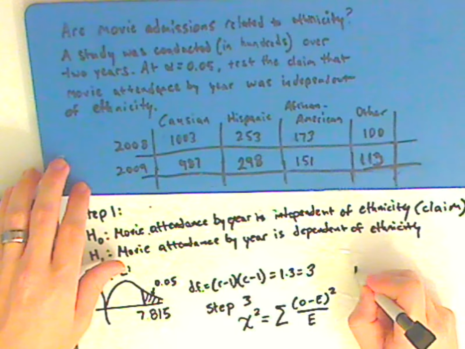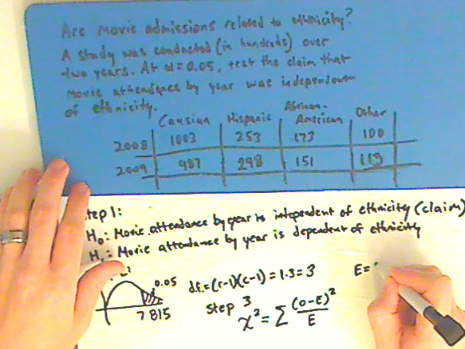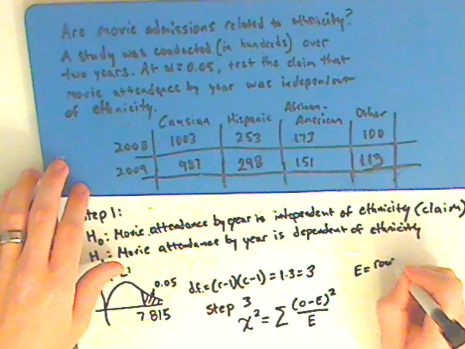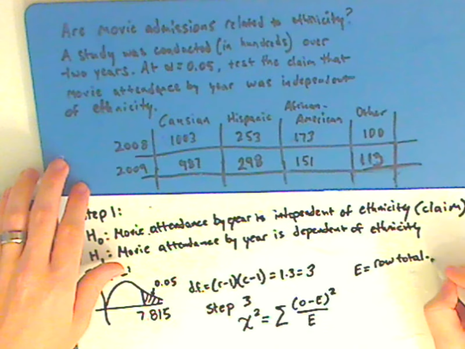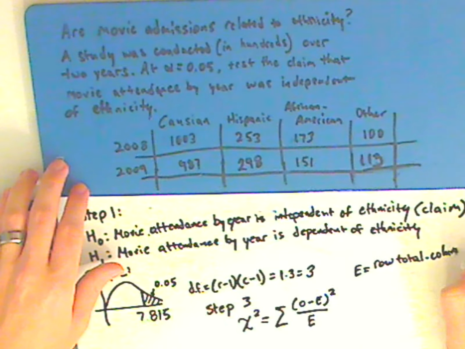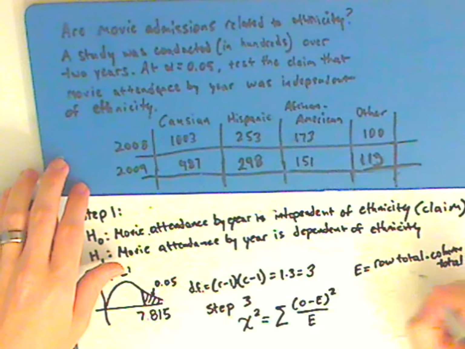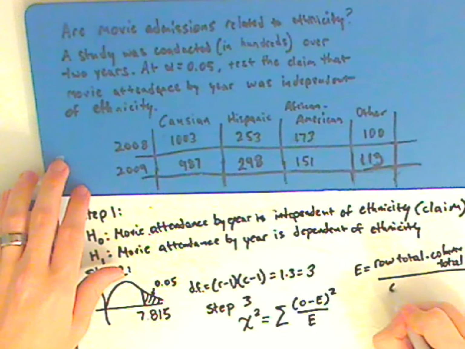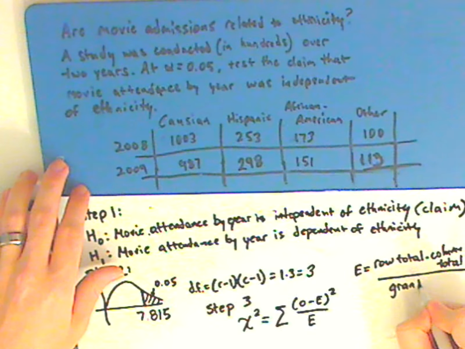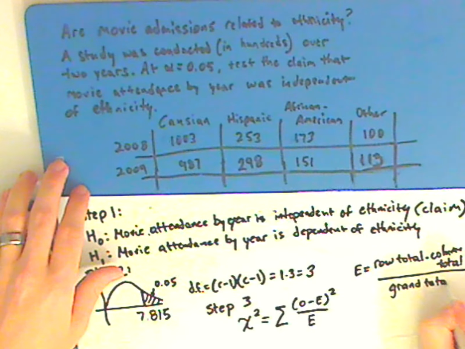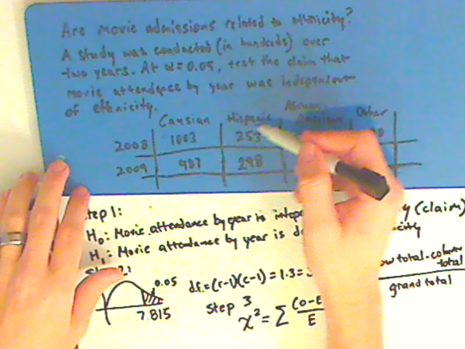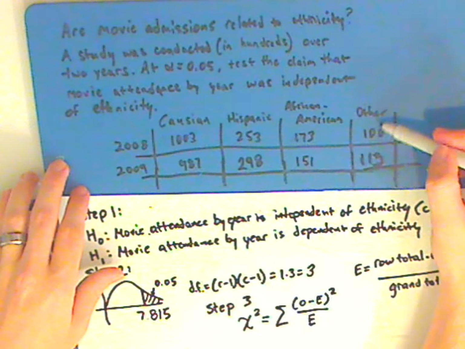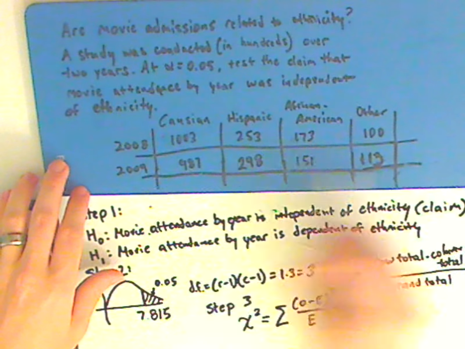Well, the expected is found by the row total times column total over grand total. So you have to calculate the column totals and then the row totals.